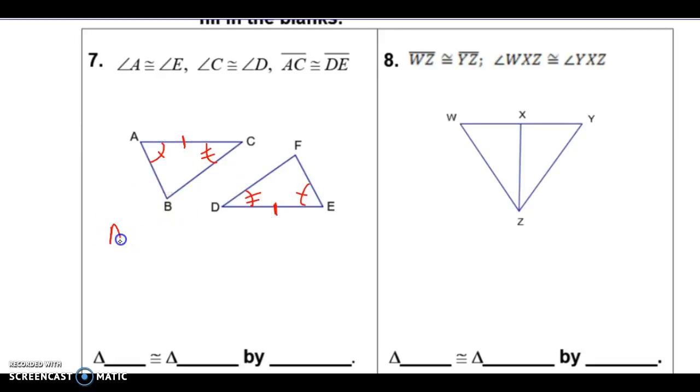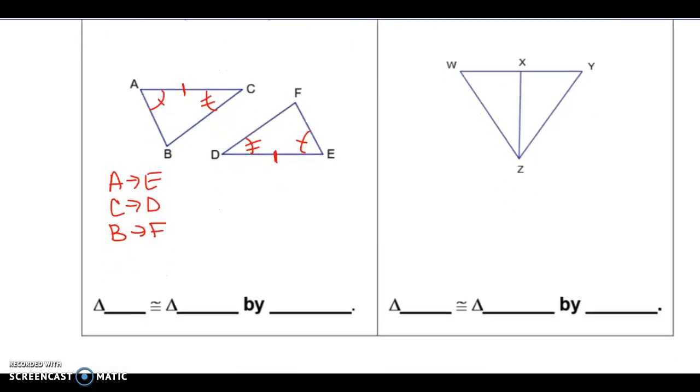So this tells me that A corresponds to E, C corresponds to D, and B is going to correspond to F, which means I can say these two triangles are congruent. So triangle ACB is congruent to triangle EDF.